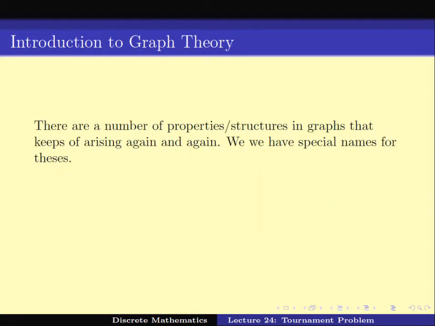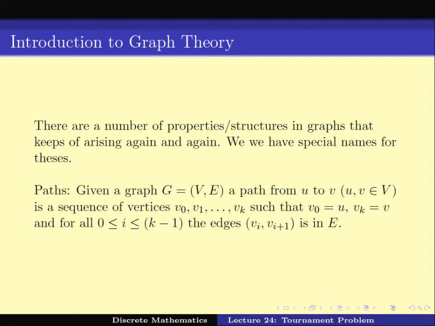As an introduction to graph theory, there are various properties and structures that keep arising again and again. We have special names for these kinds of structures or properties, and we would like to study them. So here is one of them. It's called a path.